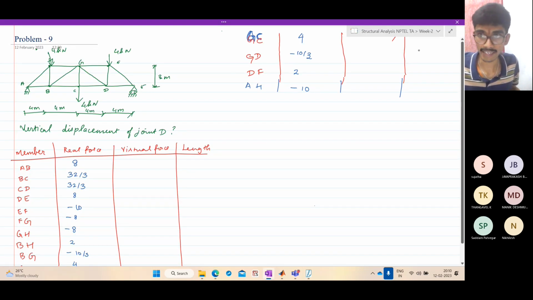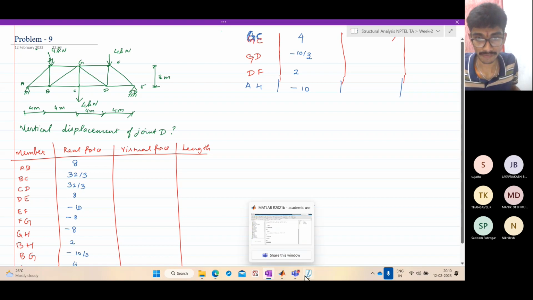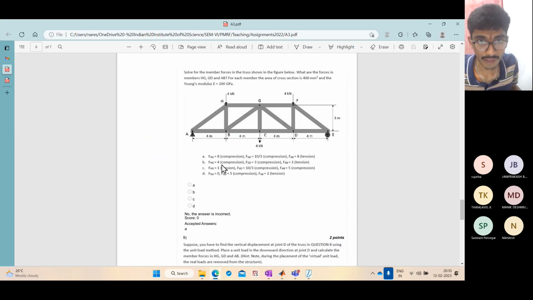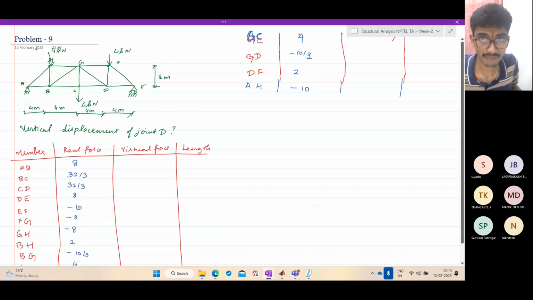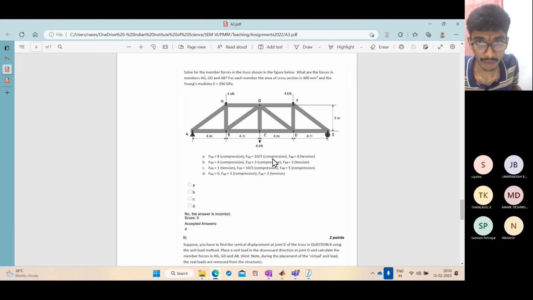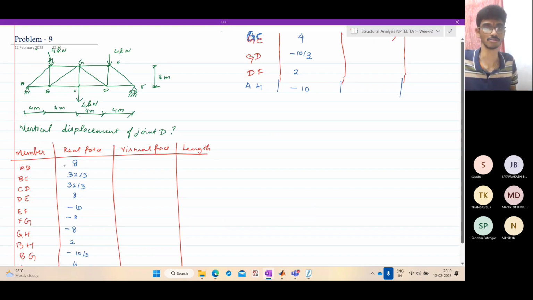GH is minus 8, correct, 8 under compression. And GD is 10 by 3. GD is minus 10 by 3 compression. That is also right. FAB is 8 under tension, positive, correct. So our answer is fine.